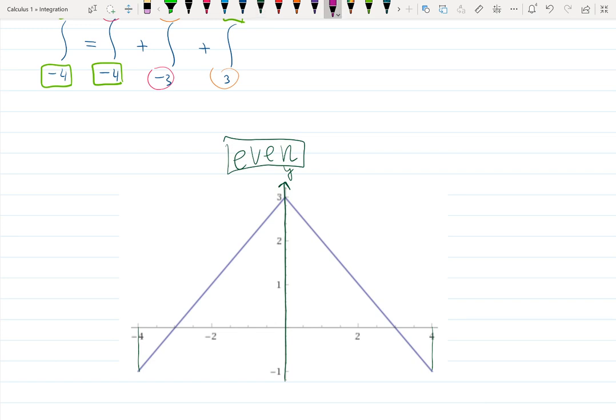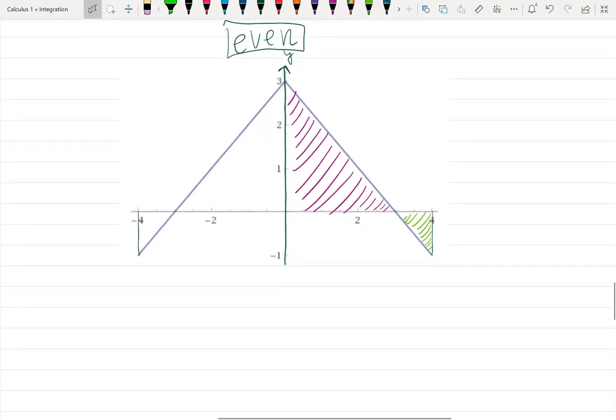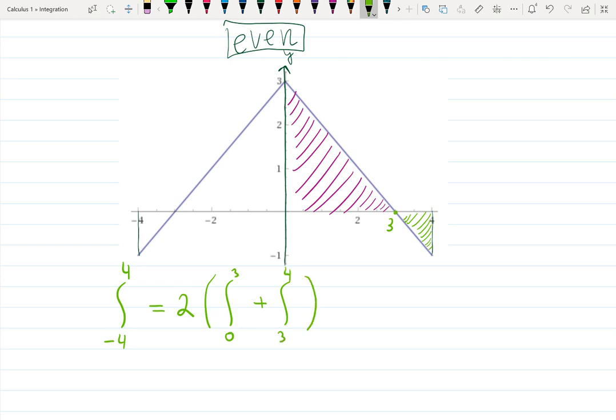Then I just need to find two triangles. This one, which is positive area because it's above the x-axis. This one will be negative. I'll find total everything on the right and then just double the result. This way, the integral from -4 to 4 will be double the result of the integral from 0 to 3 plus 3 to 4 due to symmetry.